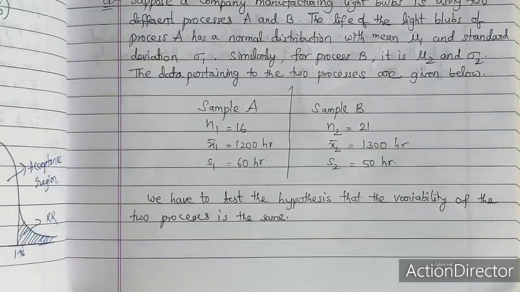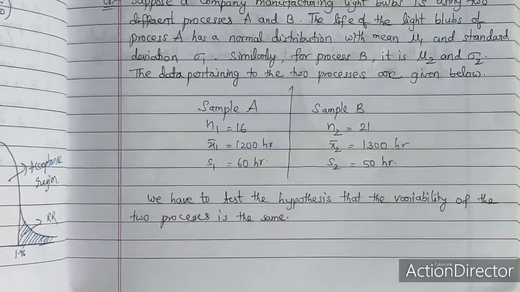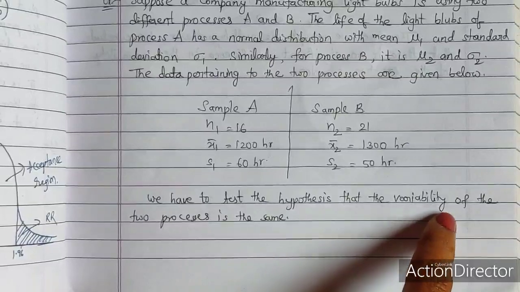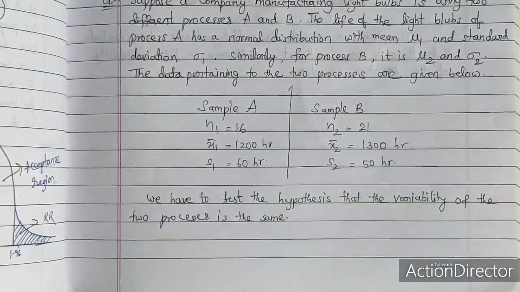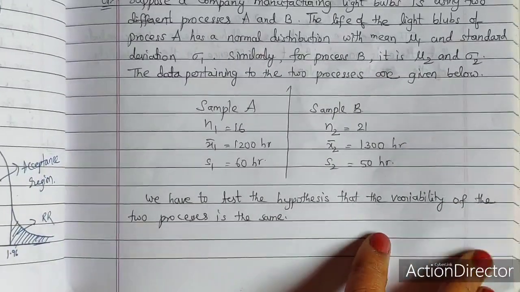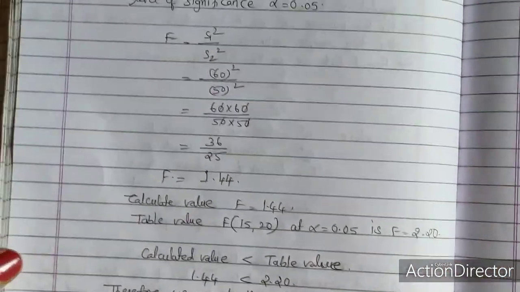If we want to test population means, then we go for the Z test or T test according to the sample size. When we want to test for variability, we take the F test. In this formula we will substitute all these values.